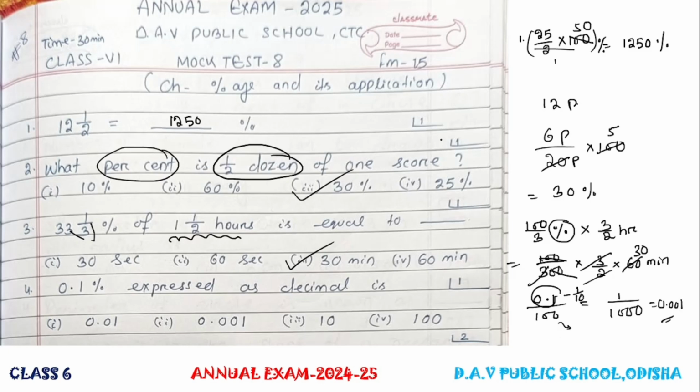Or you can solve by a trick: 0.1 divided by 100. If you divide by 1 and 00, then only the decimal position changes. It goes to the left side because of division. So the answer is 0.001, because previously the decimal point is here, now the decimal point is here, moved 2 digits because of the 2 zeros. Clear? If you multiply, then the decimal goes to the right side.